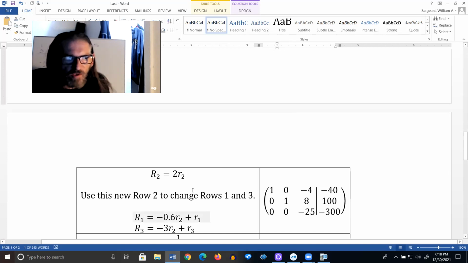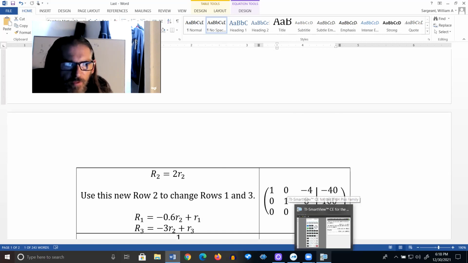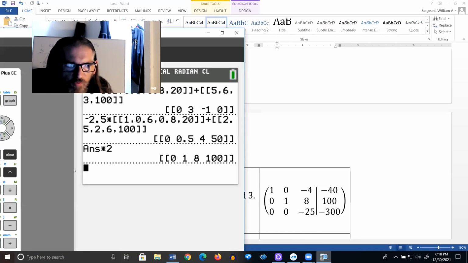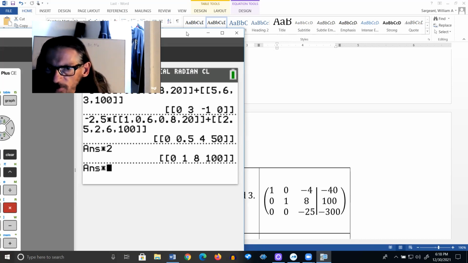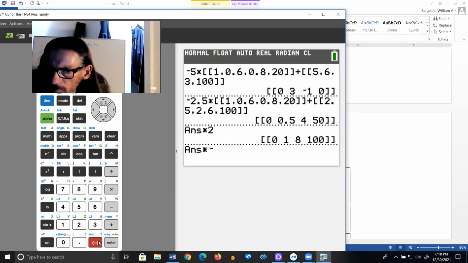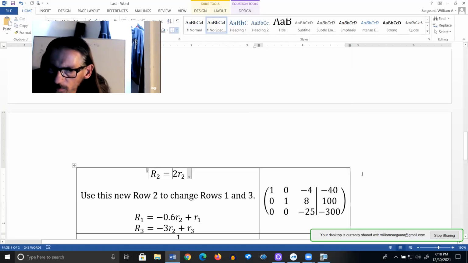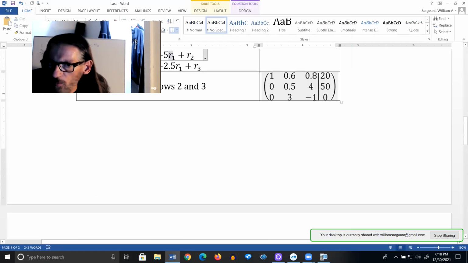So I'm going to take that result for my new row 2. I'm going to multiply it by negative 0.6. Use the negative key. (0.6). And that is getting added to the old row 1.